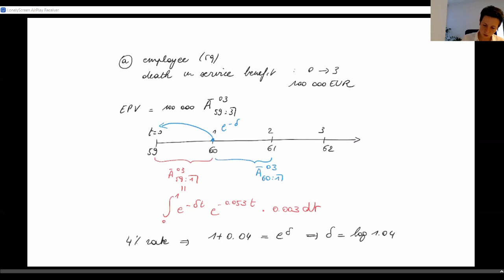And I need to take into account what is the probability that somebody age 59 at time 0 will reach the point 60 plus. Yeah? Because in fact, what I'm doing here is I'm going to start from 60 plus and then value the product until age 61. Okay, so if I look at my blue cover about what's happening between age 60 plus and 61, and if I would value this at time 0, then I get the following expression.